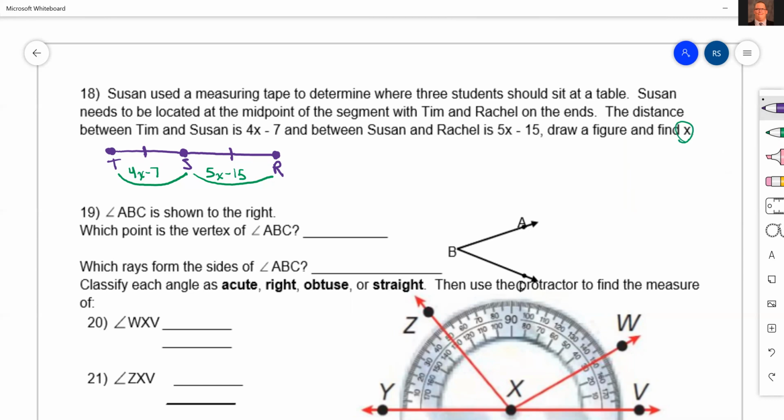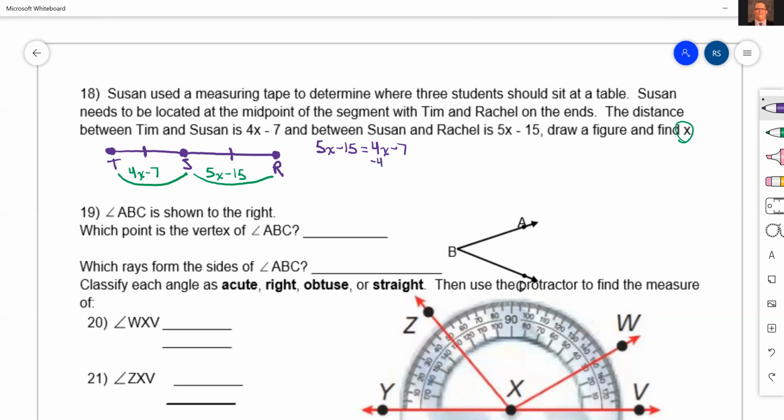Okay, well, what do we know? Since Susan is in the middle, what can we say about these two distances, the 4x minus 7 and the 5x minus 15? They're equal. So because I know 5x is bigger, I'm going to write it on the left and say that equals 4x minus 7. This is just to make solving it a little bit easier.